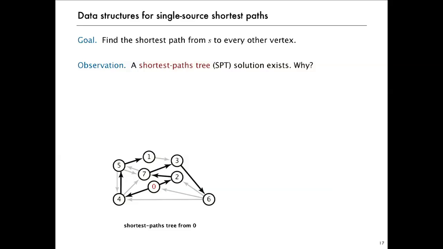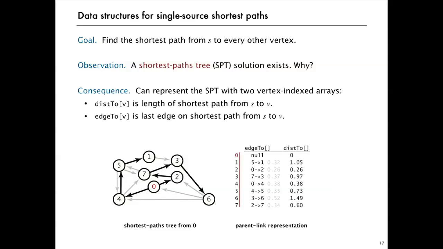Now, we've done that in several algorithms before, and a reasonable way to represent the shortest paths tree is to use two vertex-indexed arrays. The first one is, for every vertex, the length of the shortest path from S to that vertex.